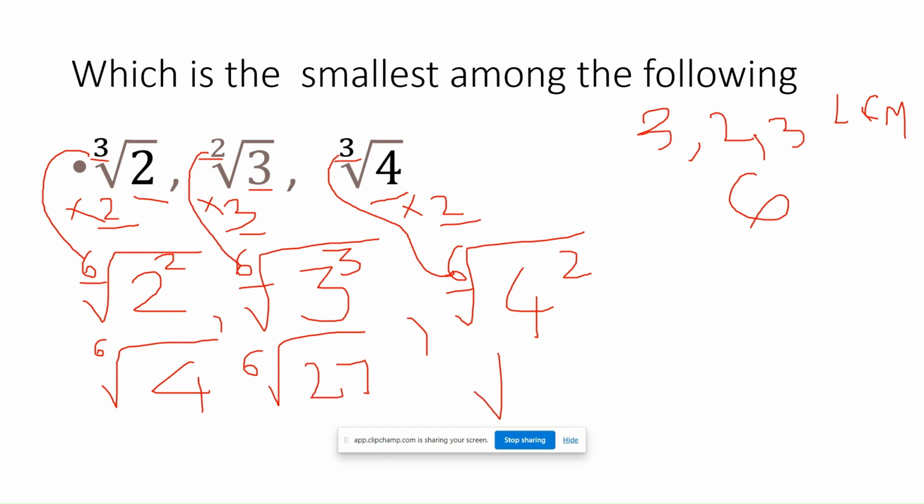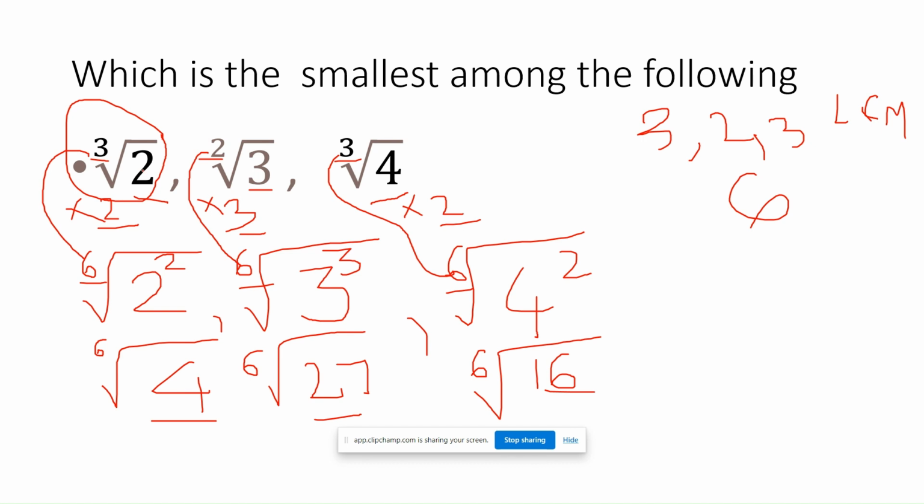Next, 4 square is how much? 16. So now you can decide which is the smallest number here: 4, 27 and 16. Among these, which is smallest? 4. So cube root of 2 is the smallest number.